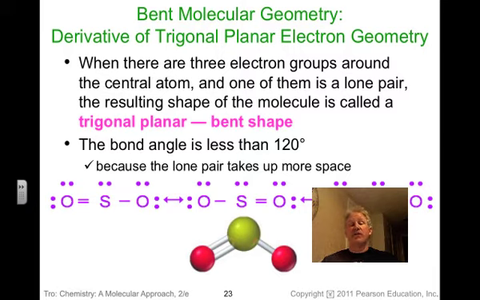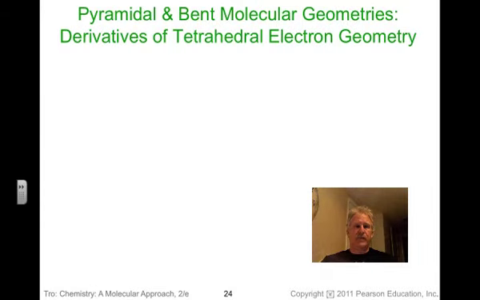So now that sulfur has a lone pair on it. What it does is it depresses the angle. Now this is what I want you to recognize. That angle is less than 120 degrees. I don't care that you know that it's 119, 118, whatever that angle is. I just want you to know that it's less than 120 degrees.